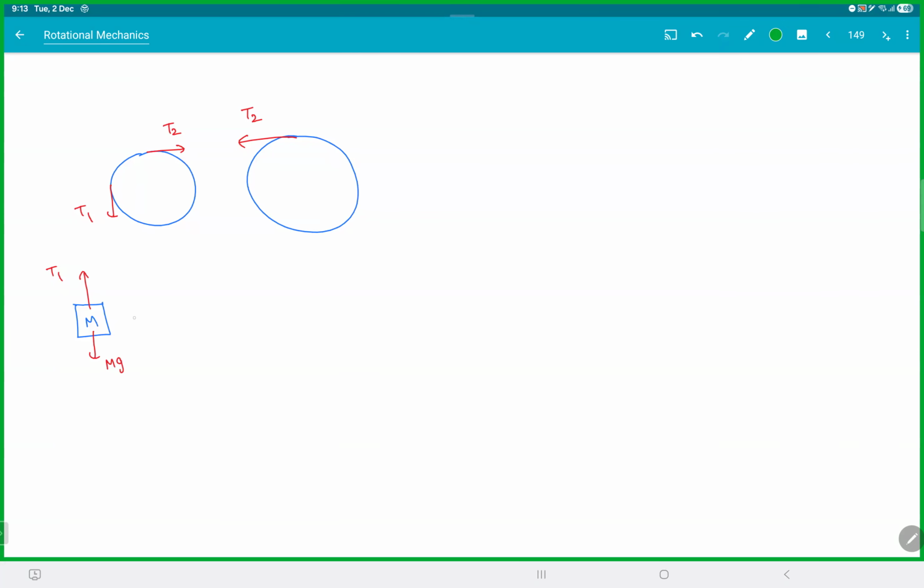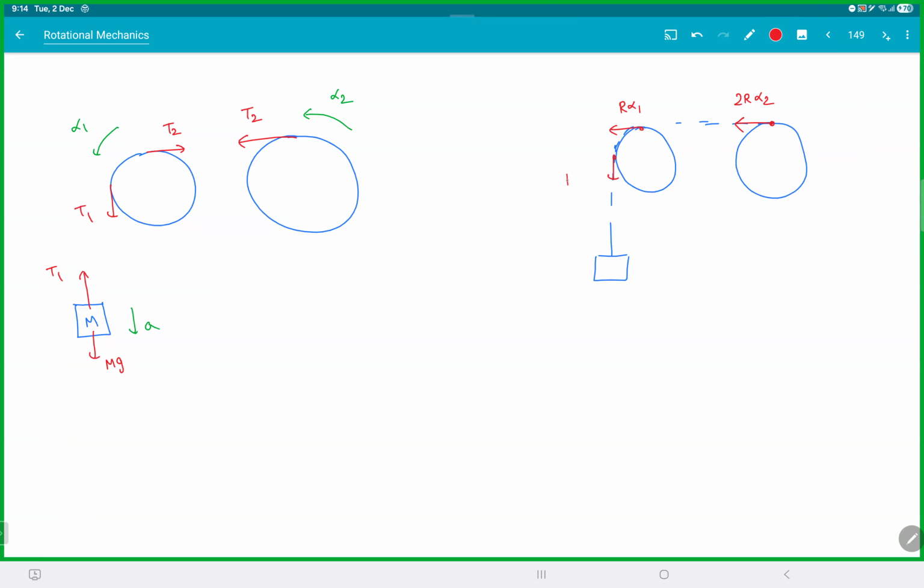Next thing, let this guy go down with acceleration A. Let this go with an acceleration alpha 1. Let this go with an acceleration alpha 2. There is no guarantee they'll have same alpha. Now, if you look at the no slipping condition, remember the string is going something like this. So this point here is going with 2r alpha 2. This point here is going with r alpha 1.